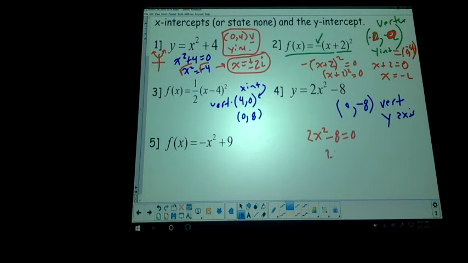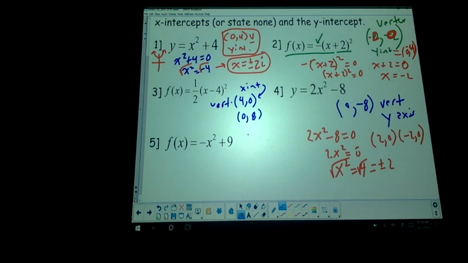Add 8. Divide by 2. Take the square root. So that gives me plus or minus 2. Where does it cross the x-axis? At 2, 0, and at negative 2, 0. You're solving it. It's just Algebra 1, that's all you're doing.